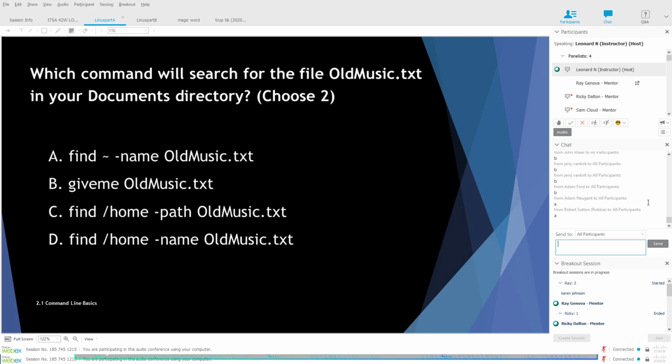All right. Which command will search for the file oldmusic.txt in your documents directory?